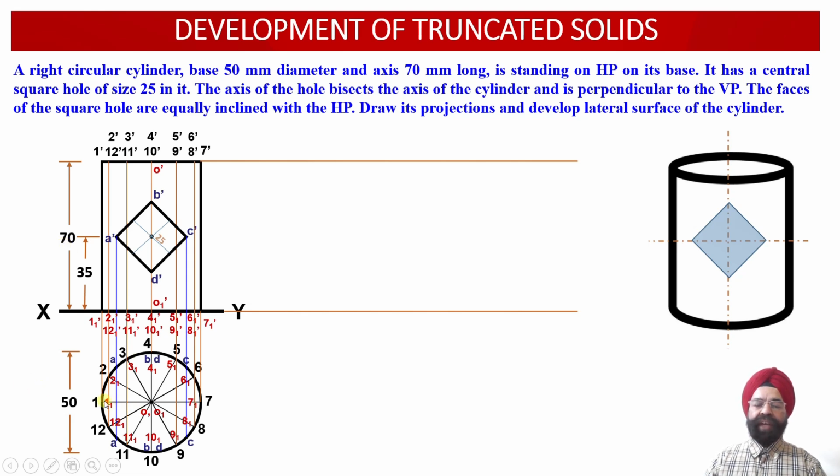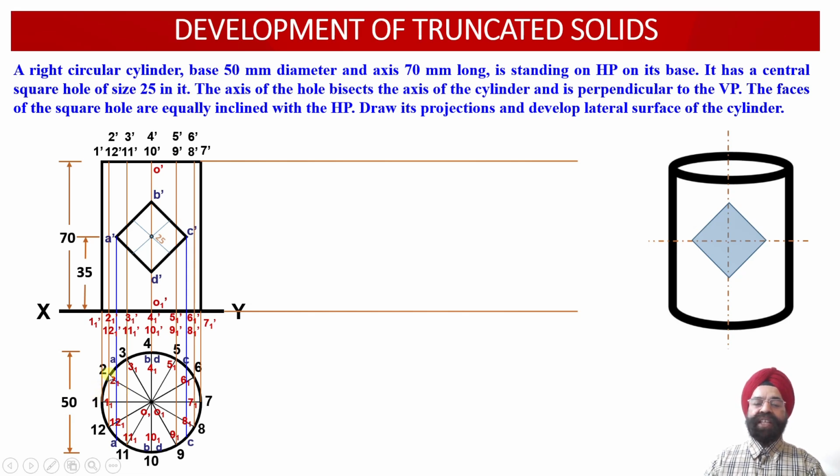And now we are going to measure the distance between these sector points over here. As we have seen, we have divided the circle into 12 equal parts, so each one of these sectors is going to measure 30 degrees.